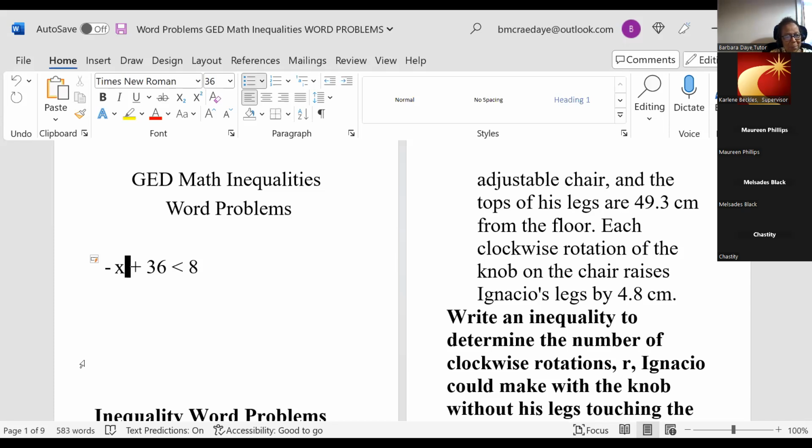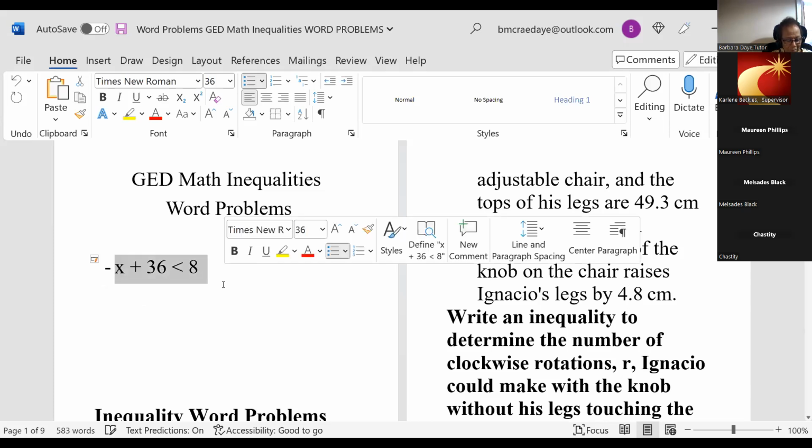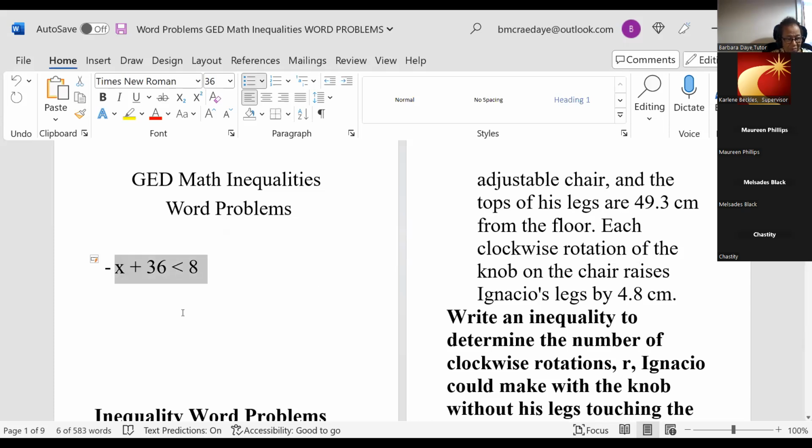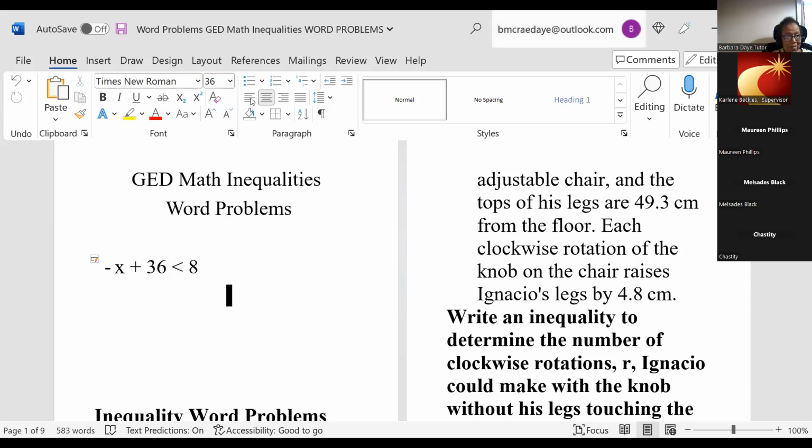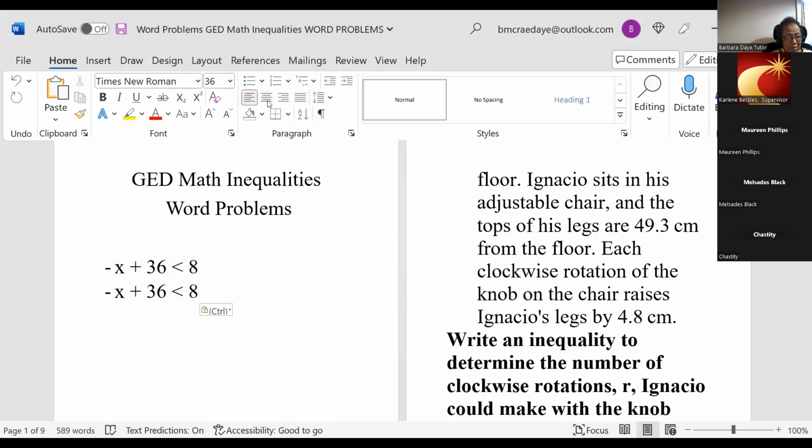Anybody solved it? Mercedes, you solved it? No, miss, I'm just writing it off. So you want that to be less than 8, right? Yes, I want to solve this for x.